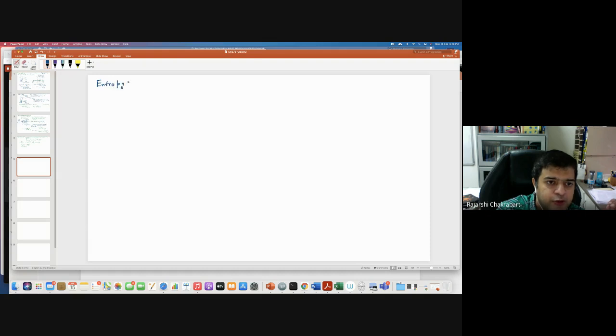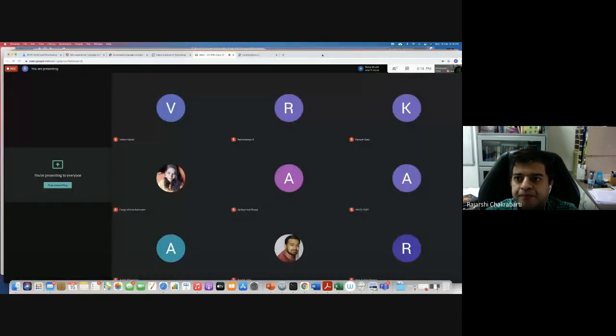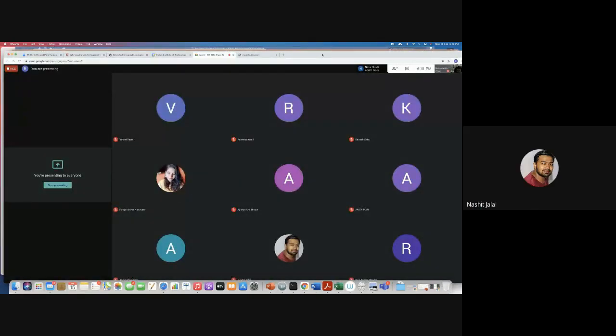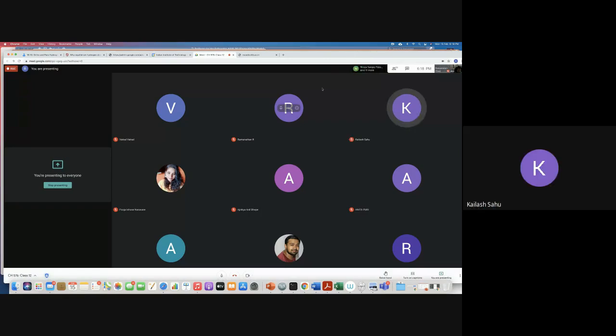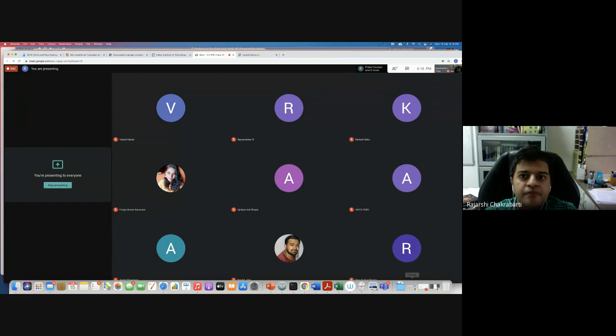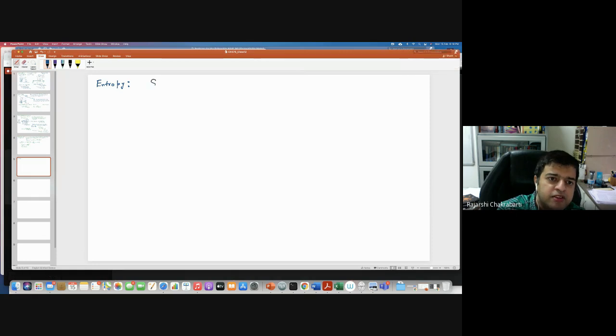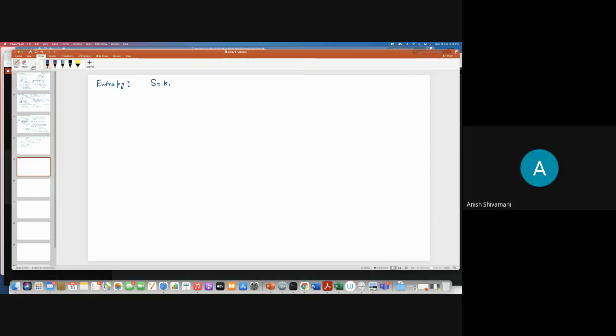How do you calculate entropy? For microcanonical it is very easy. S is k_B ln omega.